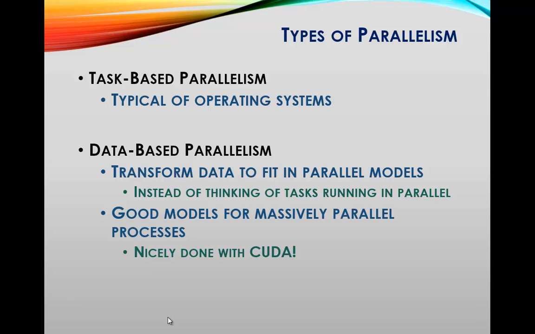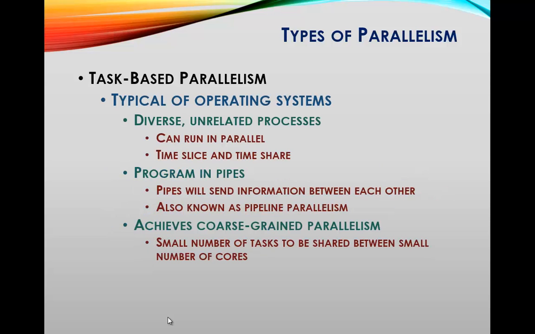This is a good model for massively parallel processing units, and it's nicely done within our CUDA architecture, and we will see how it's actually taken care of a little bit later on. So as I said, with your task-based parallelism, you would work with a coarse-grained parallelization approach.